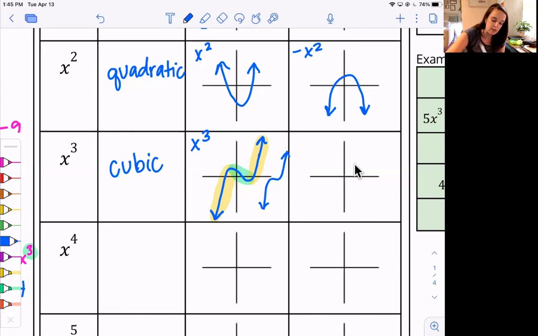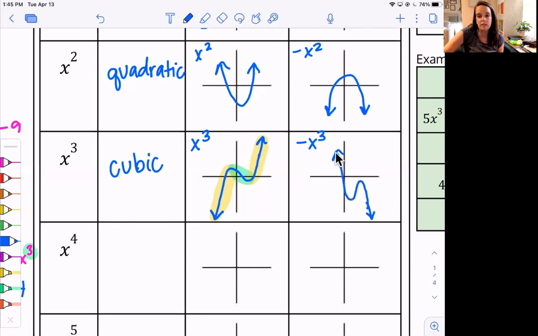What can you guess is gonna happen if I have -3? Is it gonna go up or is it gonna go down? Negative x to the third. Down, yeah, for sure. It's gonna end going down. It's gonna be 1, 2, 3, something like that. It's not really pointy, they should be rounded.